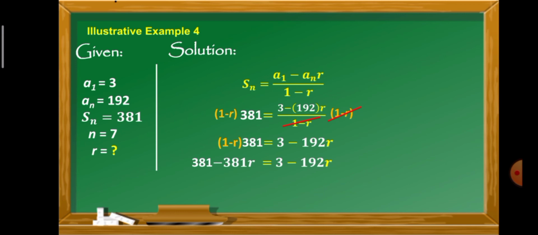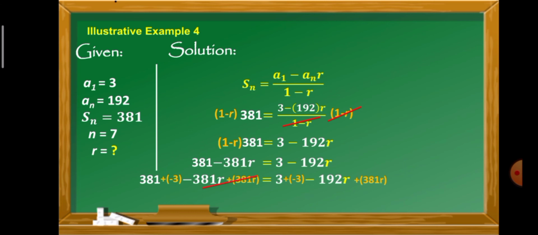Pagkatapos nyan, applyan natin ng addition property of equality. So, unahin natin yung 3. Since positive 3 siya, magdagdag tayo ng negative 3 both side. At yung negative 381r, magdagdag tayo both side ng plus 381r sa magkabilang side yan. So, pwede na natin tanggalin yung negative 381r plus 381r, cancel na natin yan.